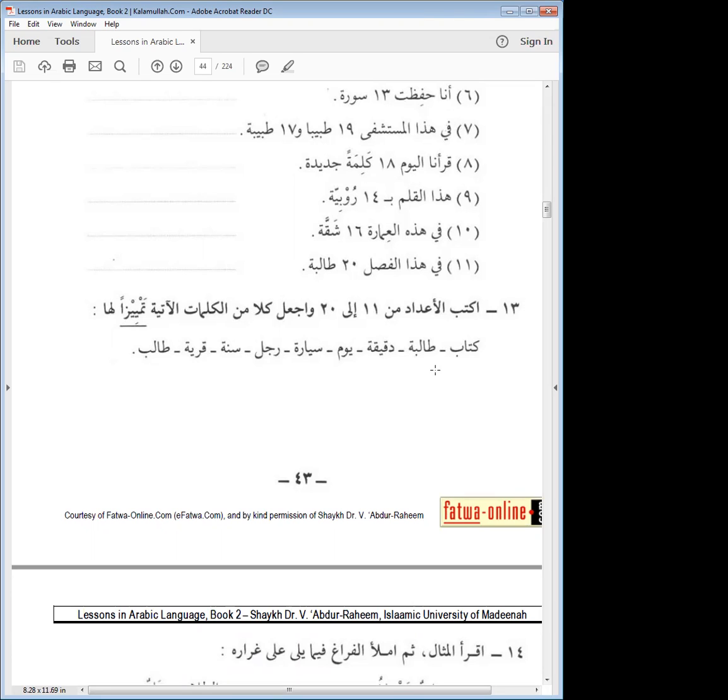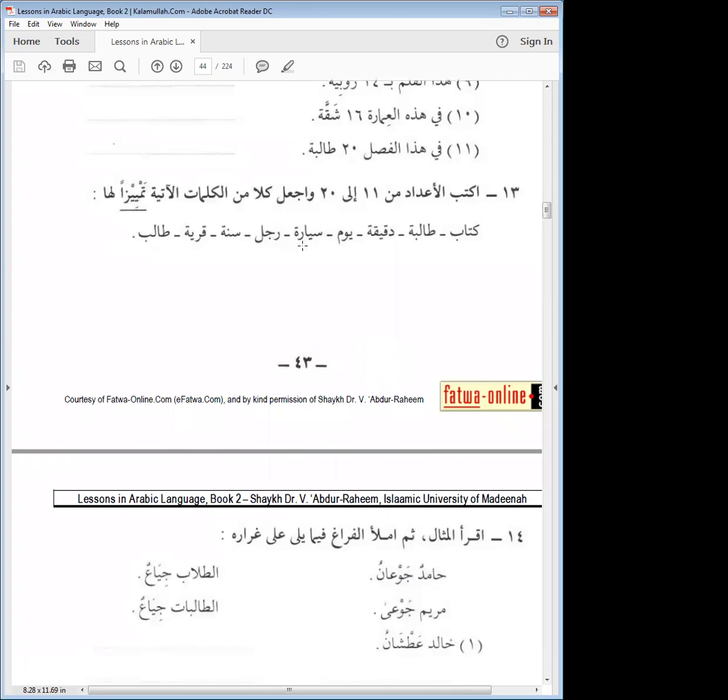So all of these words, once we count them from 11 to 20, you would use the singular form of these words. So it will be kitaban, talibatan, daqiqatan, yawman, and so on, all right? And just put in front of them these numbers from 11 to 20. Good. So that's the homework, inshallah ta'ala.